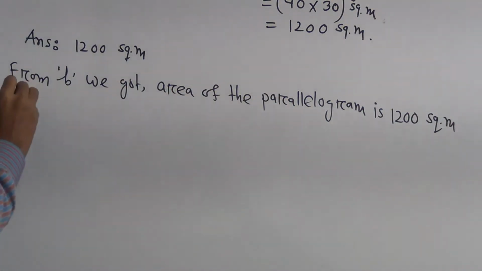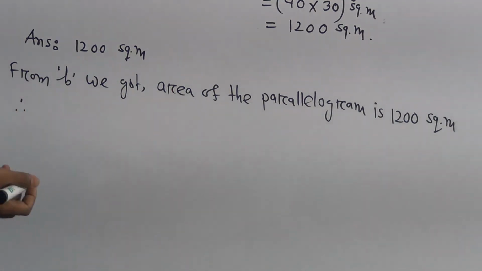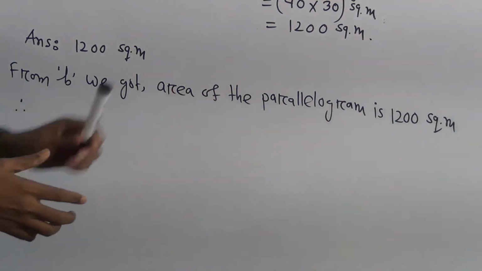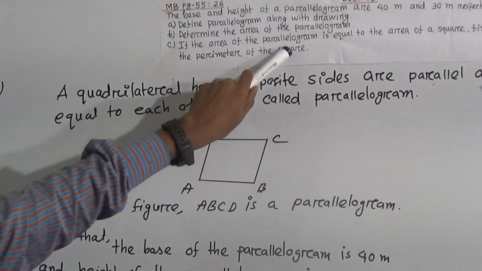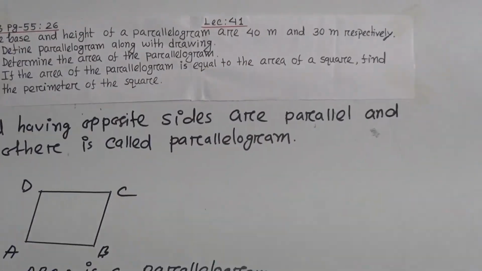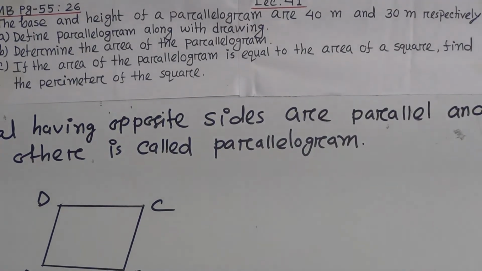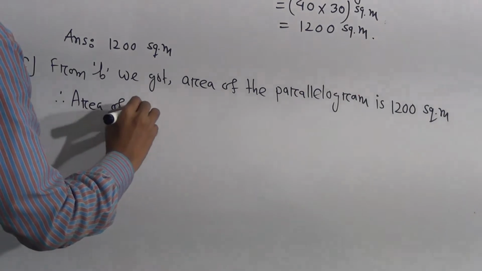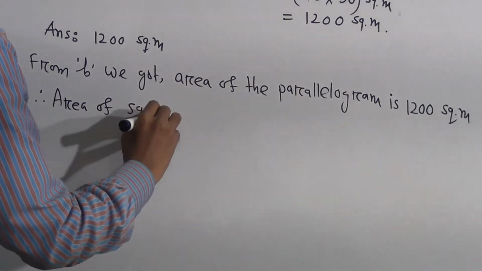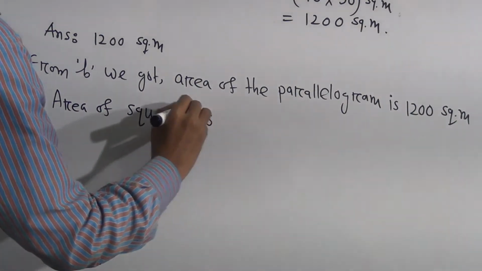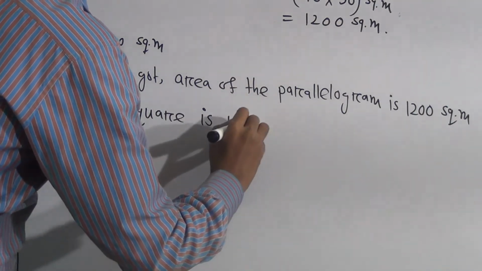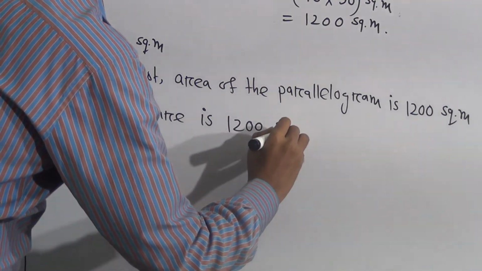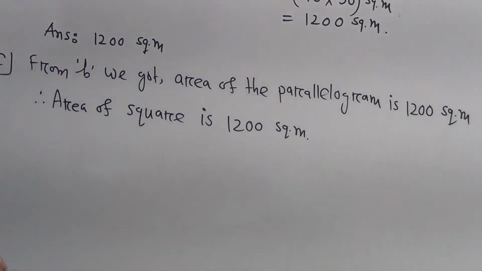So the area of the square, dear students, see the question: the area of the parallelogram is equal to the area of the square. Therefore, the area of the square is 1200 square meter. Okay, this is the area of the square.